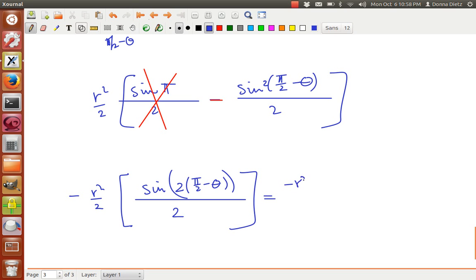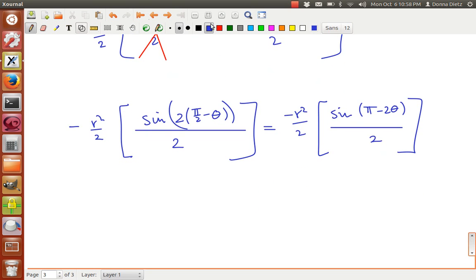Let's make this slightly nicer. Distribute that 2 on the outside. There we go. And now it's going to just be a little ways till the end. We're almost there.